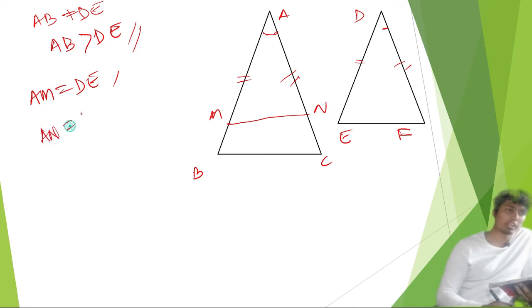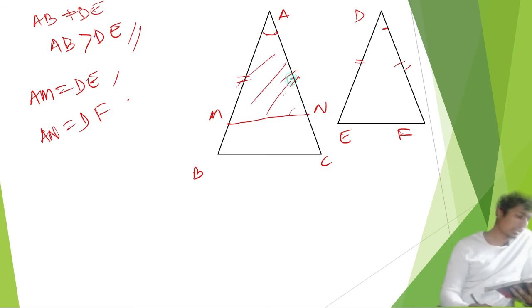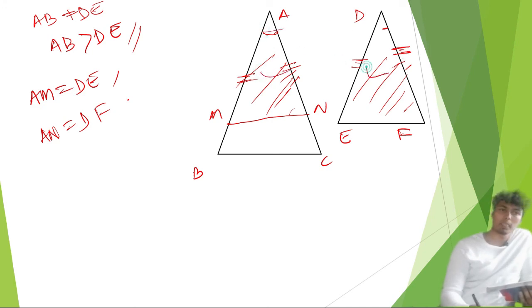In triangle AMN and triangle DEF, these two triangles, AM is equal to DE and AN is equal to DF. If these two sides are equal and this angle is also equal, then we can say that these two triangles are similar.